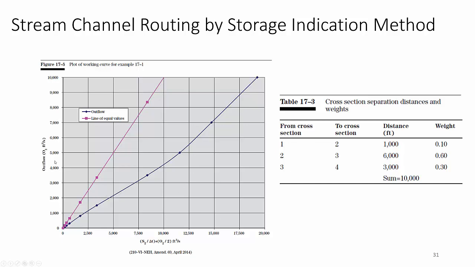So if we look at outflow, O2, in cubic feet per second, over storage for each unit time, plus outflow 2 for each unit time. What we're doing is getting a relationship between outflow and storage here. So, line of equal values. If there is no storage, this is what it looks like.